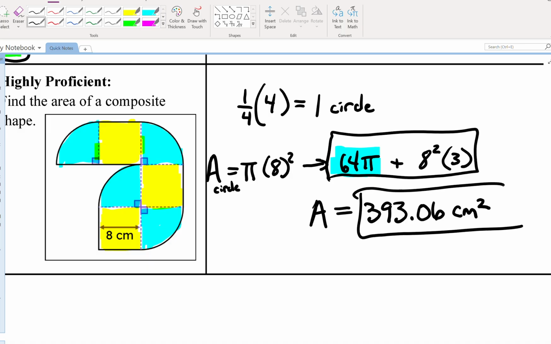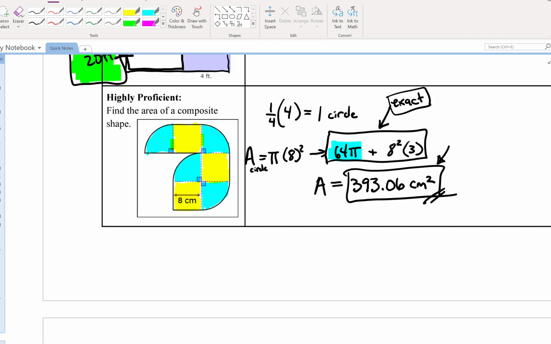And that would then be our final answer in approximate. This is the exact answer, but this one may be more useful on a day-to-day basis. Okay.